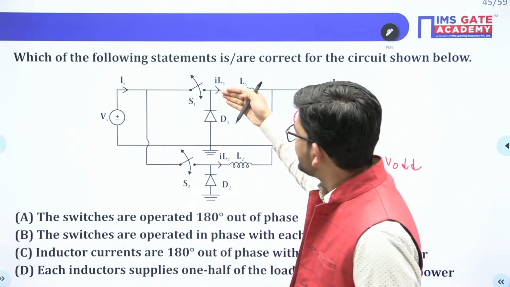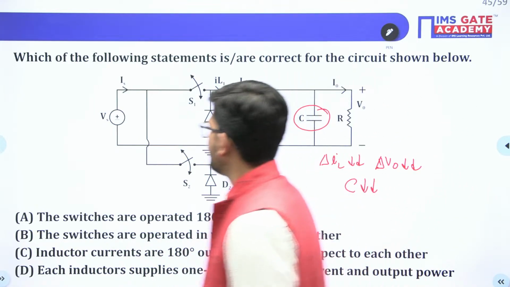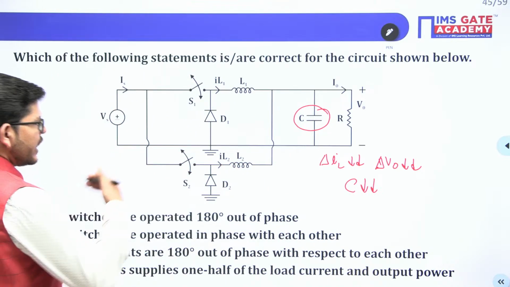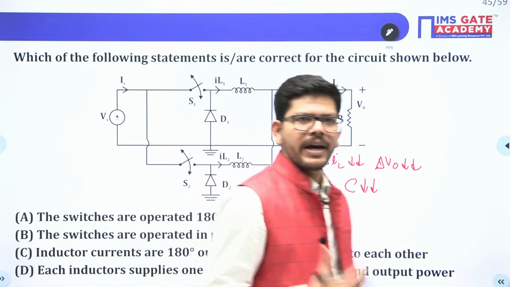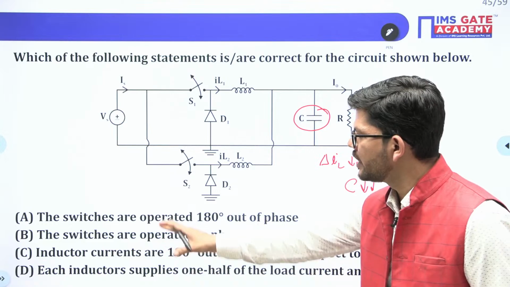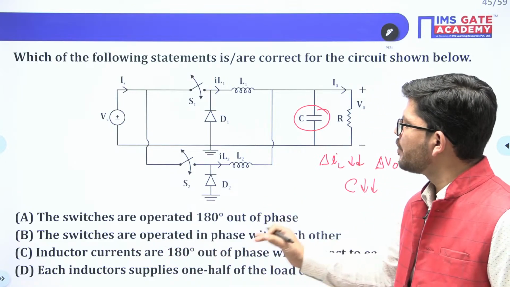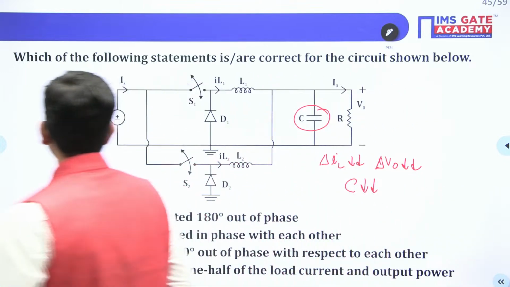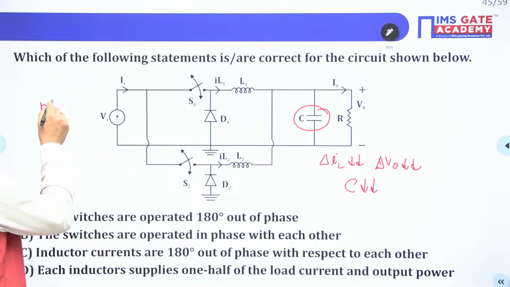When we are connecting so many converters in parallel, guys, what will happen? Let me just read the options. The switches are operated 180 degree out of phase. This phase shift is determined by this particular fact.